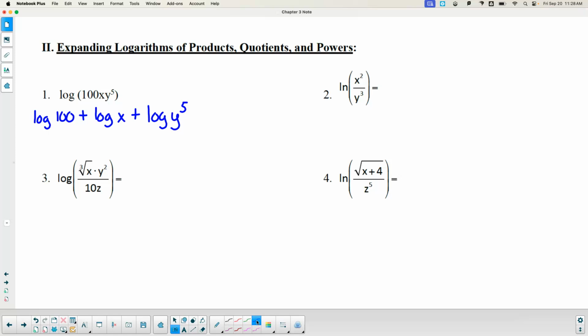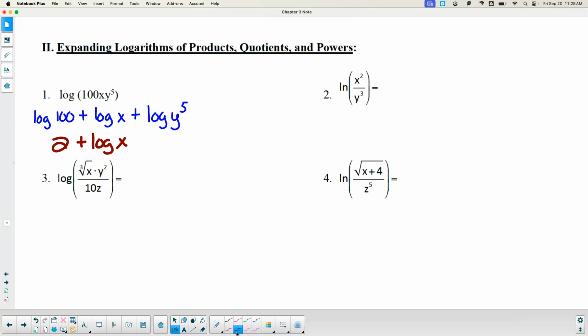Well, then I can go even further, and I can say here that log of 100, what exponent do I need to put onto 10 to get me 100? 2. So this one simplifies to be 2. This one doesn't simplify at all, so it's going to stay log of x.